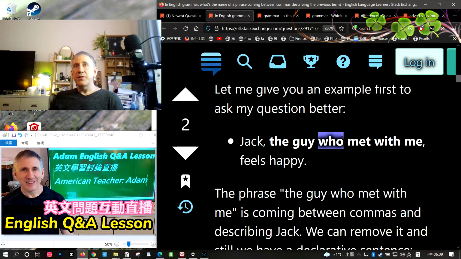And finally, that can be used for people or things in a relative clause. For example, the dog that bit me belonged to my neighbor. So animals are considered things in English, and we can use that for people or things.